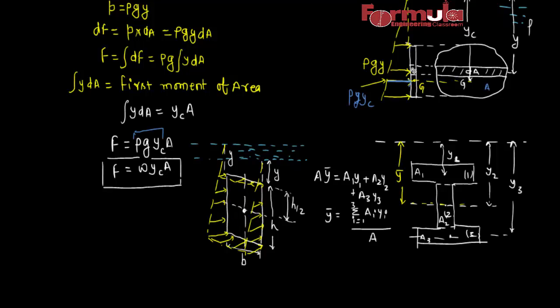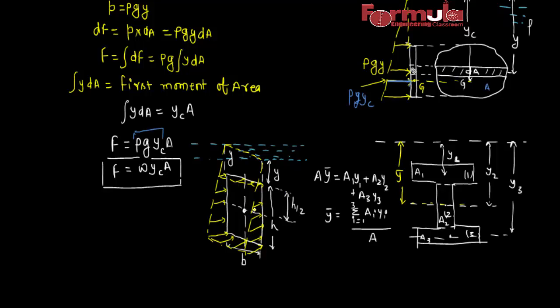So this is the variation of pressure over this vertical plane surface, as we discussed in the case of the horizontal plane surface.